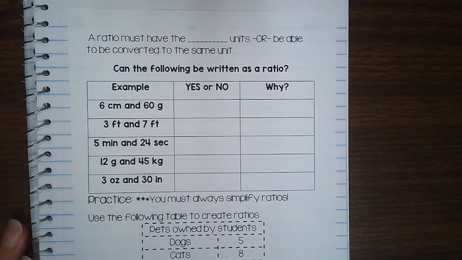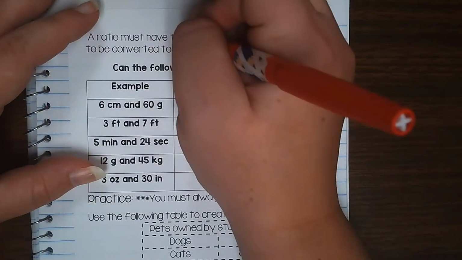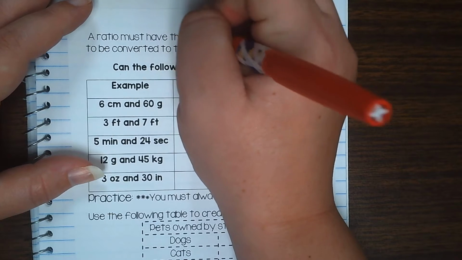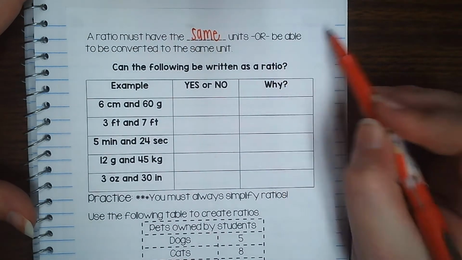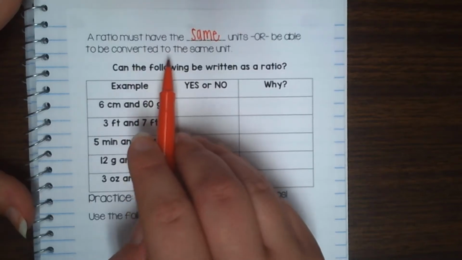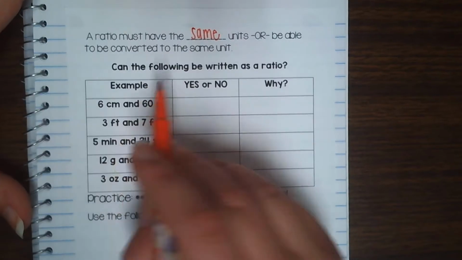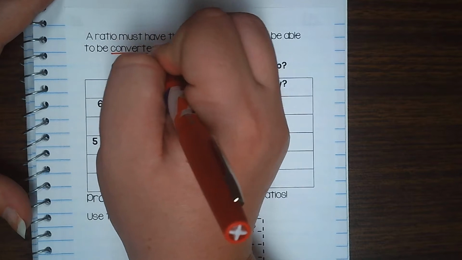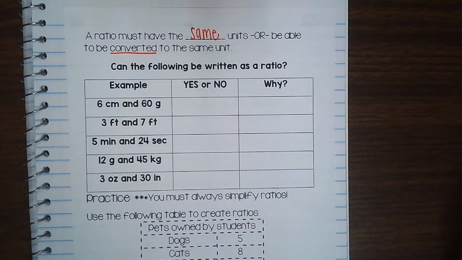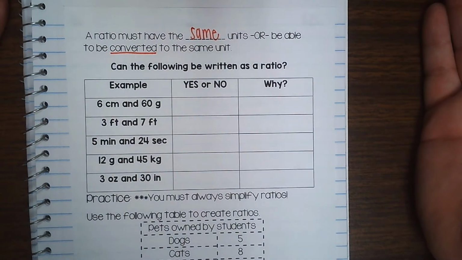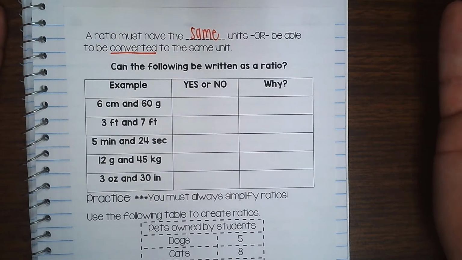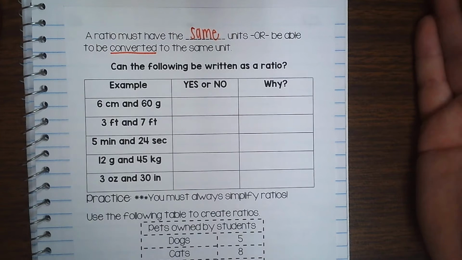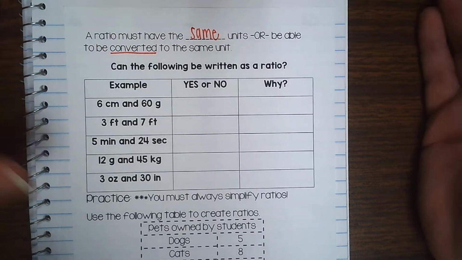A ratio must have the same units or be able to be converted to the same unit. So you can have feet compared to feet, or you could have feet compared to miles, because those two are convertible.